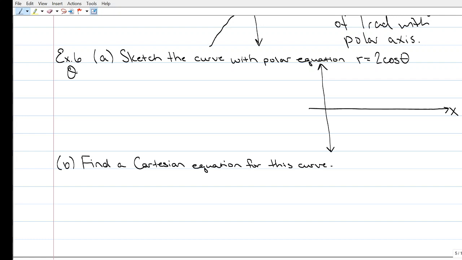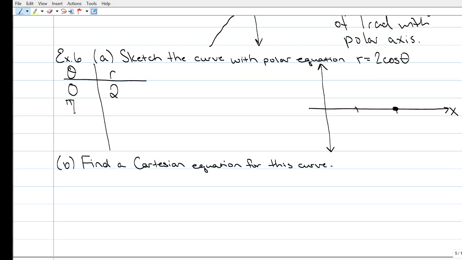So let's choose values of theta and figure out what r would equal. So if theta is equal to 0, cosine of 0 is 1, so radius of 2. So we can plot the point 2, 0. So we have 0 angle made with the polar axis and a radius of 2.